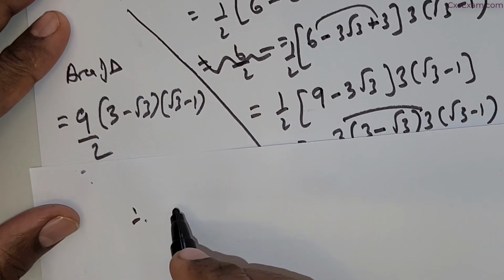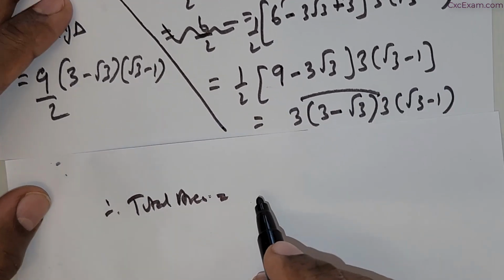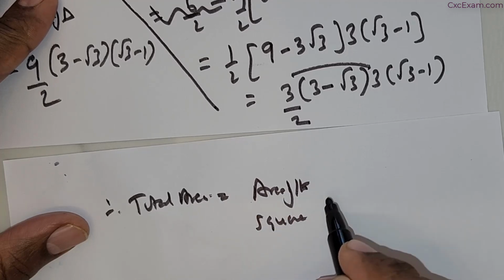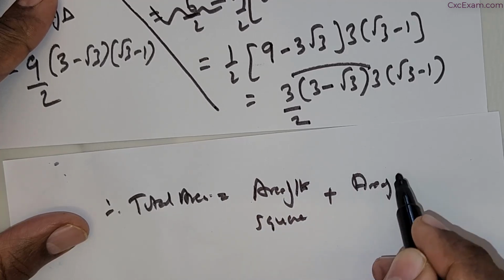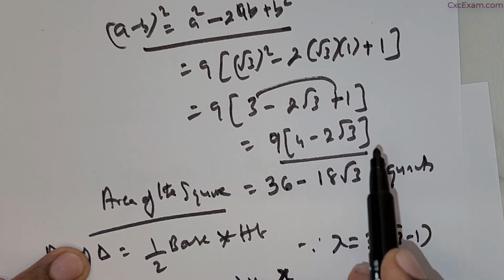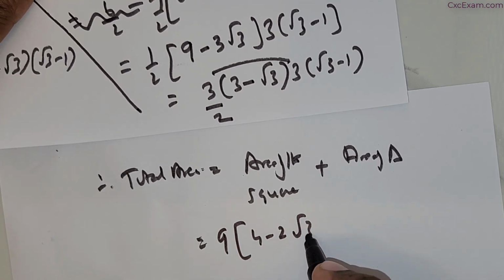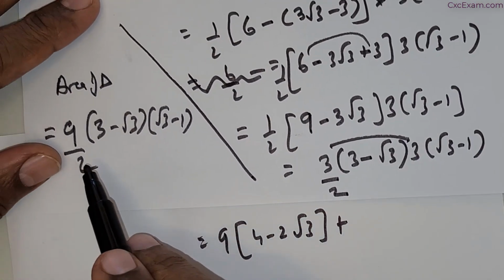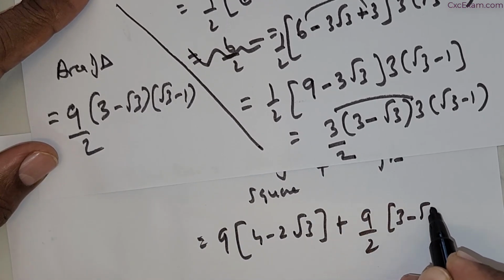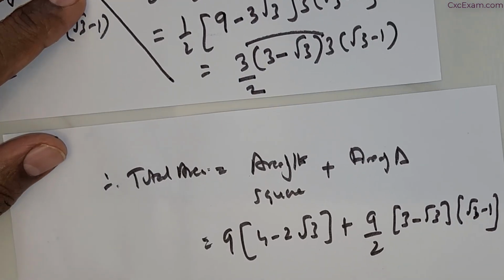So therefore the total area is going to be the area of the square added with the area of the triangle. So the area of the square has been found to be this: 9 times of 4 minus 2 times the root of 3, and the area of the triangle is 9 over 2 times 3 minus root 3 times root of 3 minus 1.